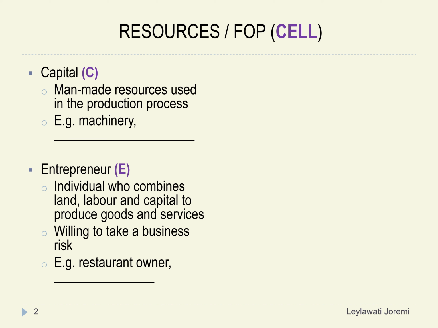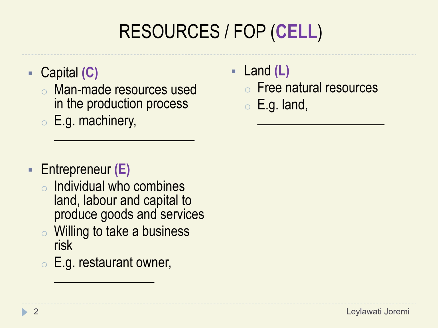Entrepreneurs are those individuals who combine land, labor, and capital to produce final goods and services. Normally, entrepreneurs are people who are willing to take a business risk. When I say business risk, it refers to profit or loss. So basically, entrepreneurs are business persons, for example, a restaurant owner.